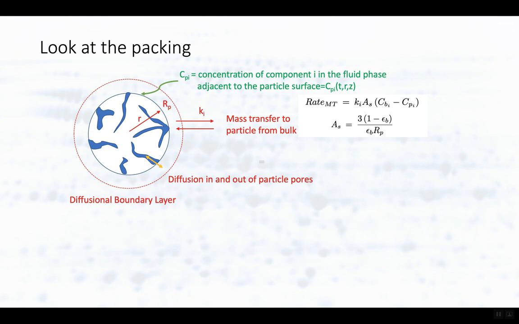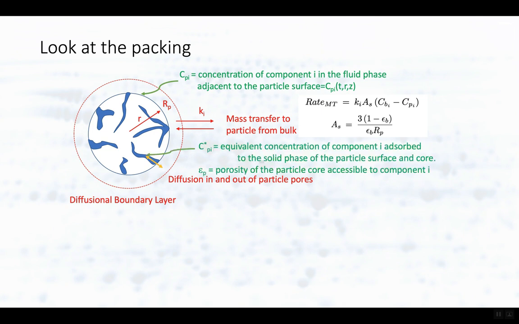Now, on the outside of the particle is CPI, the concentration of the analyte I at the particle surface. Okay, and that will change as the bolus comes by and then moves on. Okay, but that is the driving force to drive material into the pores.